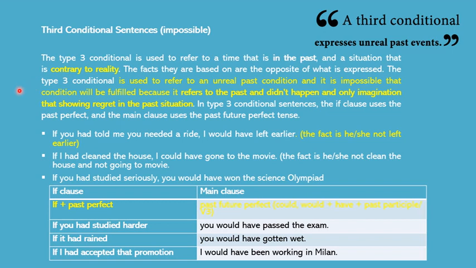The facts they are based on are the opposite of what is expressed. It refers to an unreal past condition, and it's impossible that the condition will be fulfilled because it refers to the past, didn't happen, and is only imagination. That shows regret about a past situation.